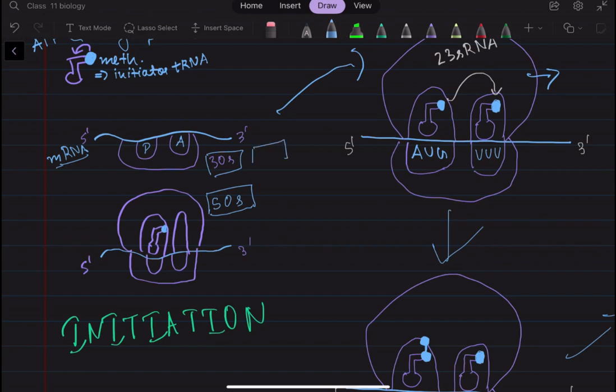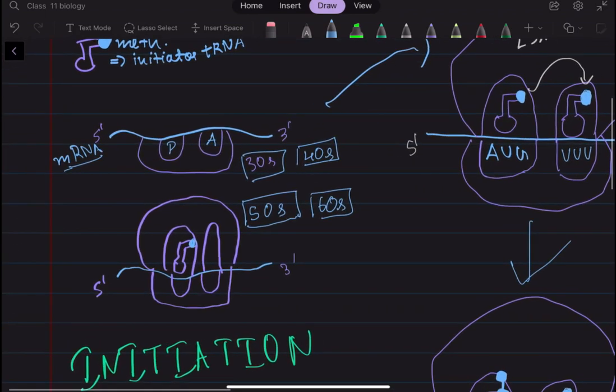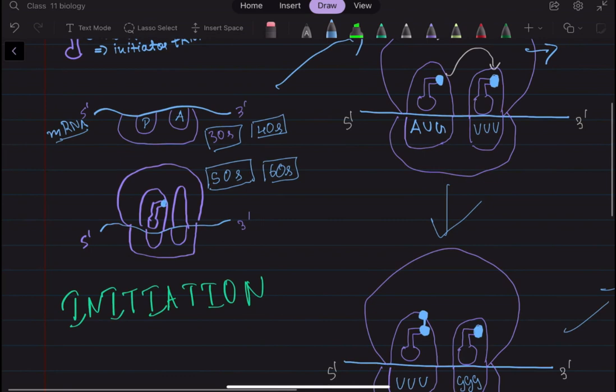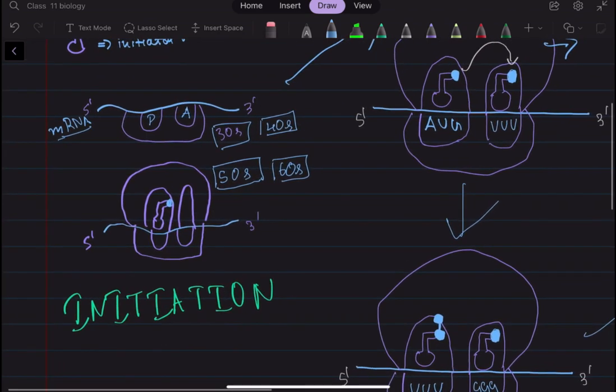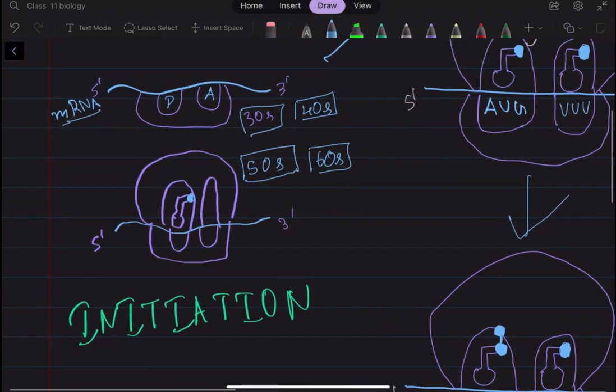In case of eukaryotes, the small subunit would have been 40S and the large one 60S. They sit on top of our smaller subunit, such that the P and A sites are perfectly joined.